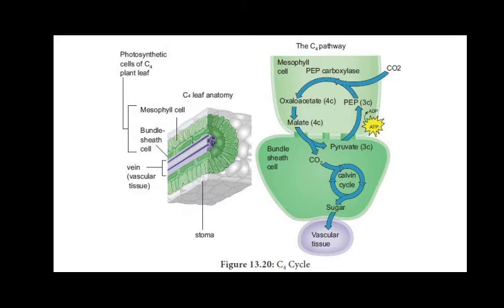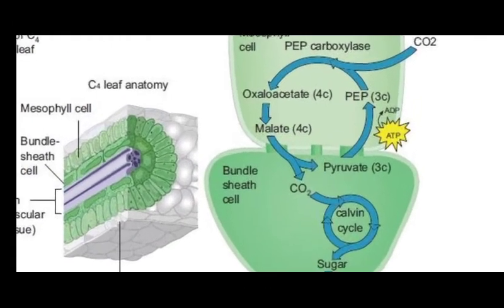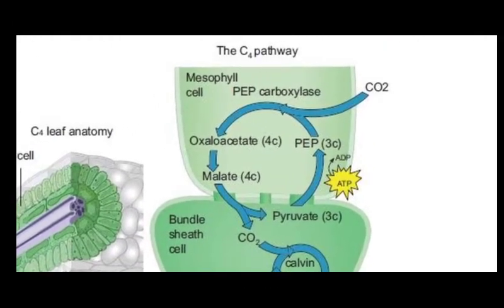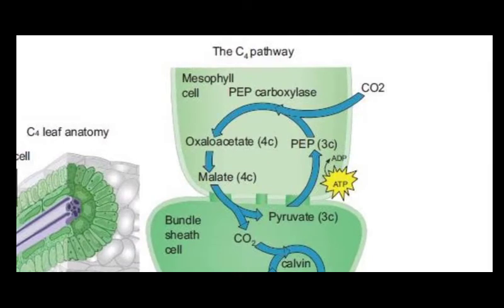So this process goes by the name of the C4 pathway instead of C3, because the process involves fixation of carbon dioxide not into ribulose bisphosphate, but rather into a molecule called phosphoenol pyruvate. This one, PEP, is phosphoenol pyruvate.